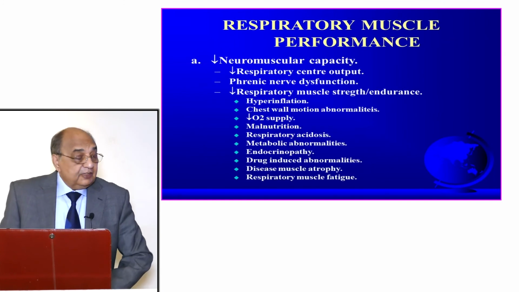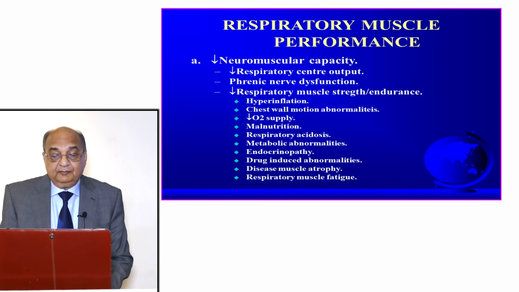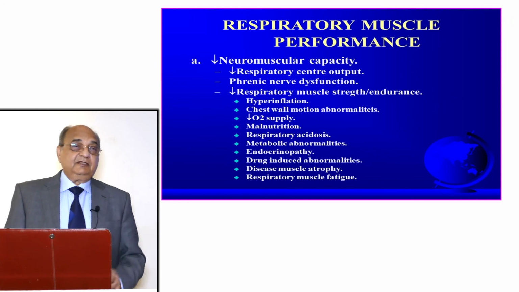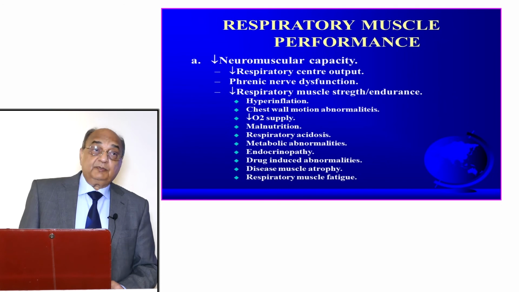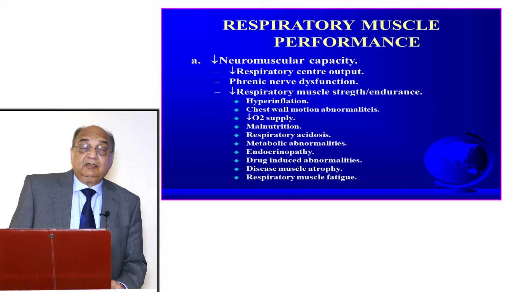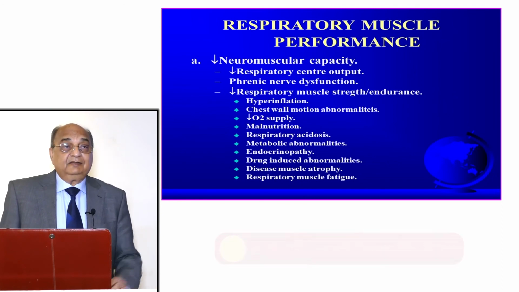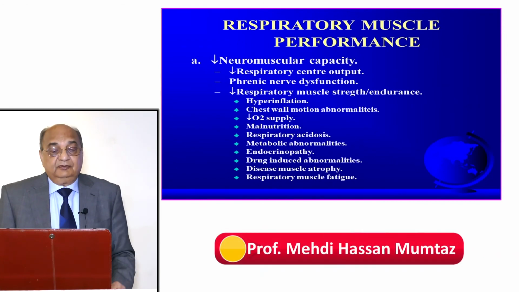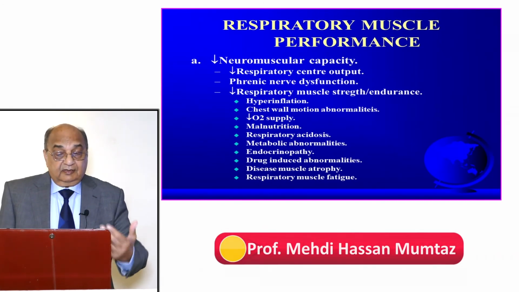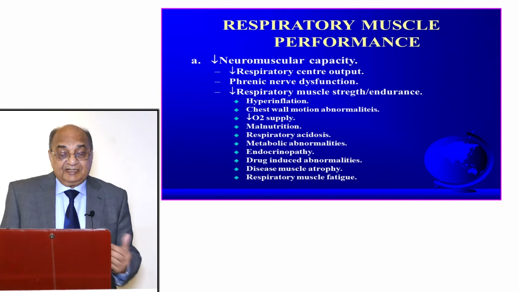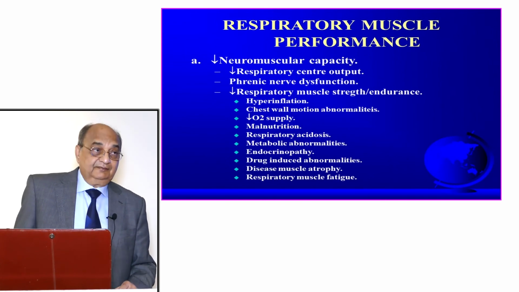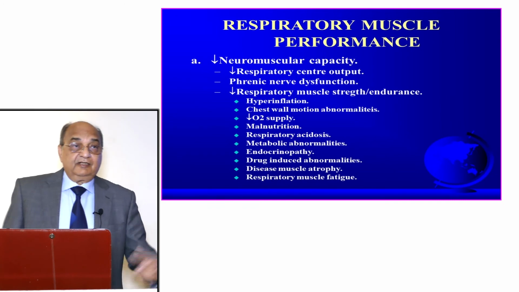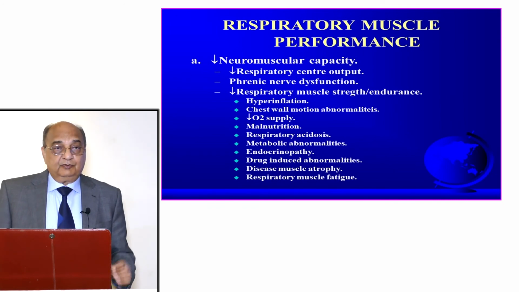Now, respiratory muscle performance: we'll have to look at the neuromuscular capacity. The patient has been on the ventilator, he has not been using his muscles up till now, and the muscles have been resting. We'll have to recruit the muscles also. Muscle performance depends on the respiratory center output, how good is the respiratory center, whether they are getting the messages from the respiratory center to breathe in and breathe out.